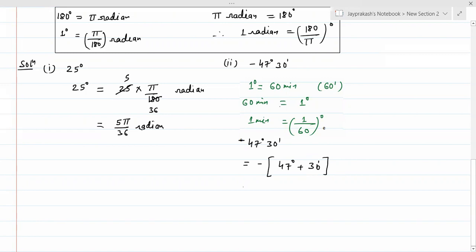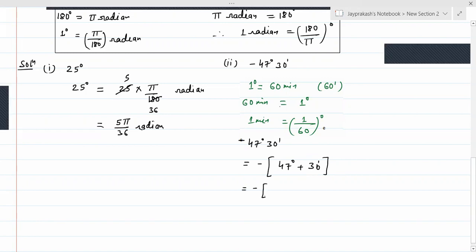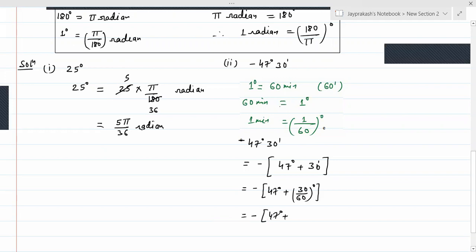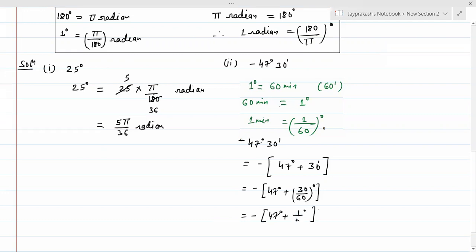Now let's change this to degree: minus 47 degree plus 30 by 60. Now this value is also changed to degree. So finally it becomes minus 47 degree plus 30 by 60, which is half degree, 1 by 2. So we can write this as 47 integer 1 by 2.